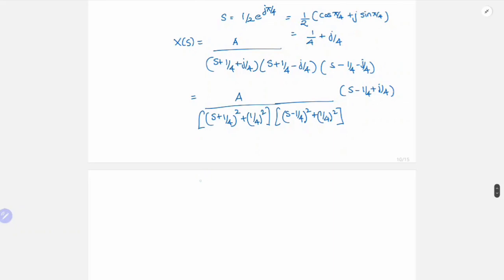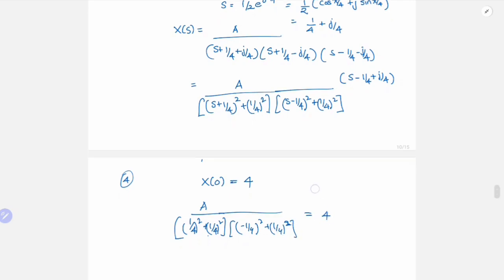So your X of 0, the fourth condition, is equal to 4, which is nothing but A by (1 by 4) whole square plus (1 by 4) whole square, into (minus 1 by 4) whole square plus (1 by 4) whole square, is equal to 4.